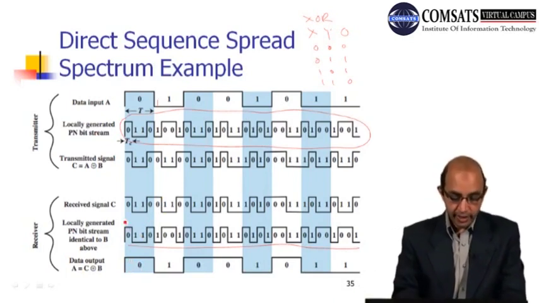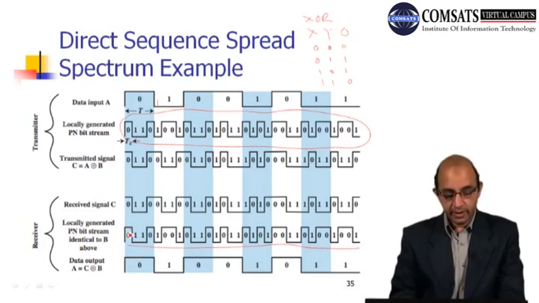Again, let me calculate the first few. 0 0 is 0, right? So here 1 0 is 1, and 1 0 again 1, and 1 0 again 1, and 1 0 again 1. So this is all 1, and here we have 0 0, so this all is 0.